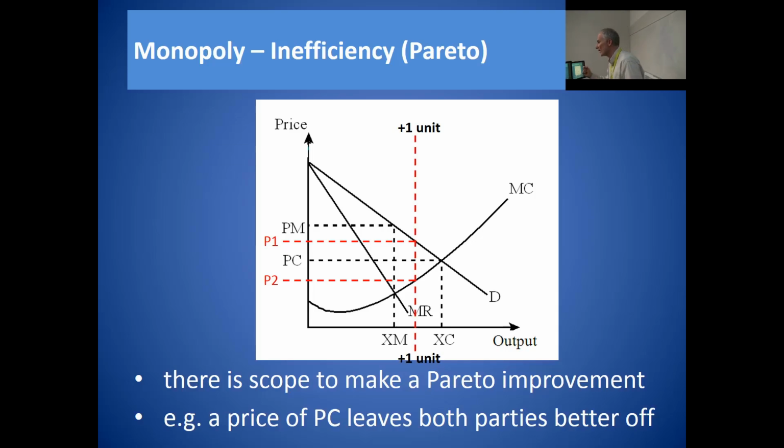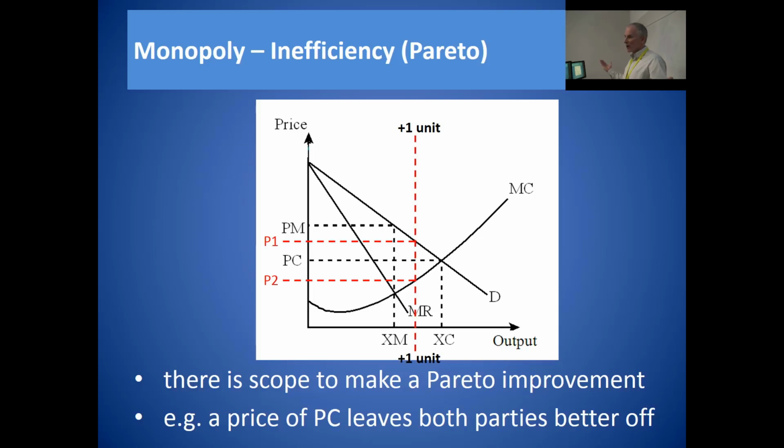The producer receives a higher price than he would have been prepared to accept. It costs less to produce. So obviously, if that one extra unit is sold, we can make a Pareto improvement. We can make both parties better off. And if you can make both parties better off, that is a Pareto improvement.